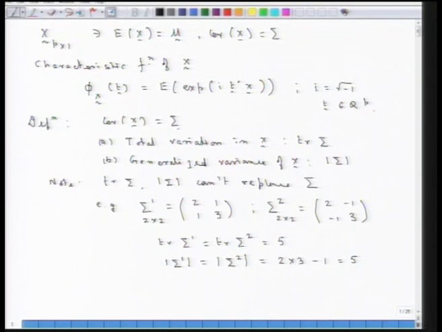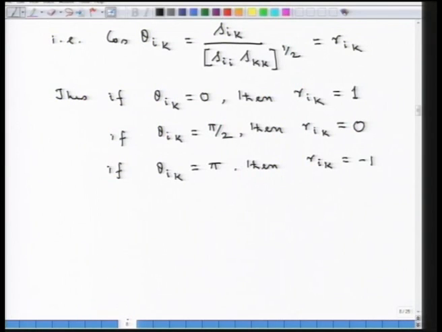Now, you remember that we had defined at the start two quantities associated with the covariance matrix sigma: the total variation in x, given through the trace of the sigma matrix, and the generalized variance of x, given by the determinant of the sigma matrix. Similar to that, one can also define the sample quantities.